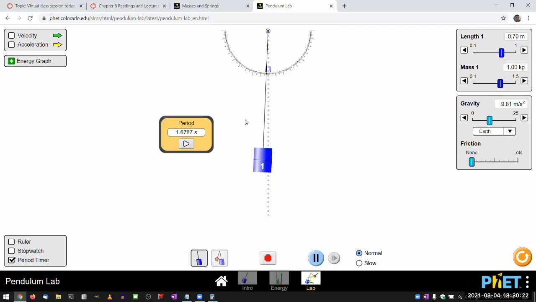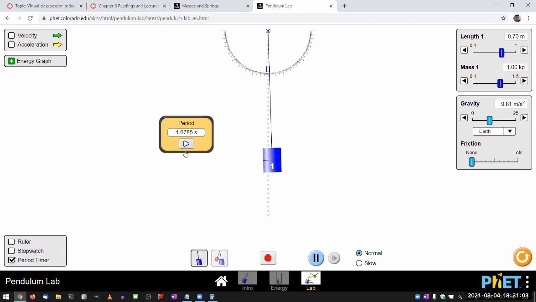And if I change the amplitude so that it's oscillating at a larger amplitude, you'll find that the period is about 1.7, so about the same. Now, if you're watching carefully, you will notice that it's changed a little bit. At this angle, it's 1.68 seconds. And when I move this to a smaller size, about 2 degrees, it's quite close to 1.68 seconds, but not quite 1.68 seconds.